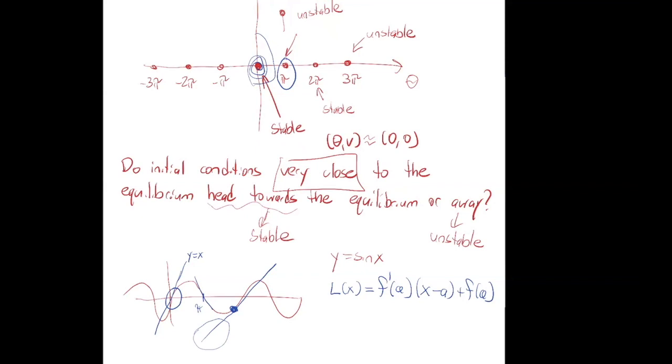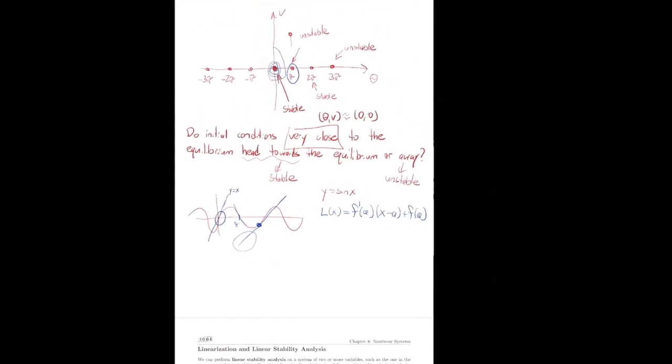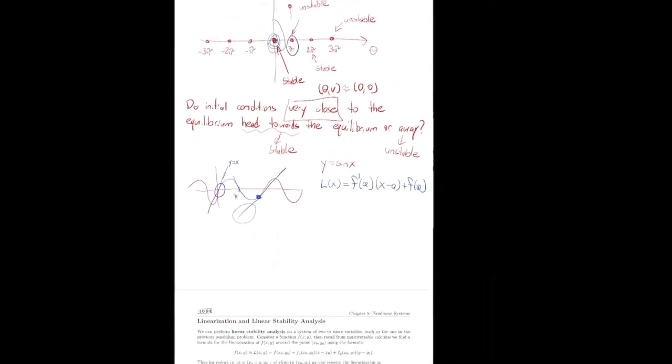So to take this in a more general direction in a second, we're going to have to do this process separately at every equilibrium. That's the one drawback here, that it's just a local analysis. Okay, can I scroll down?